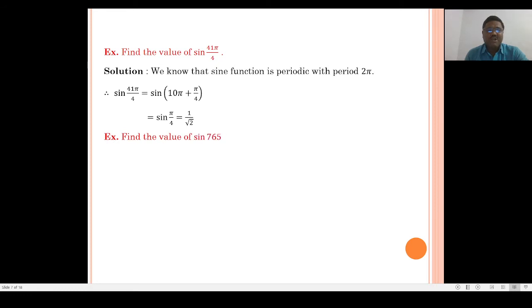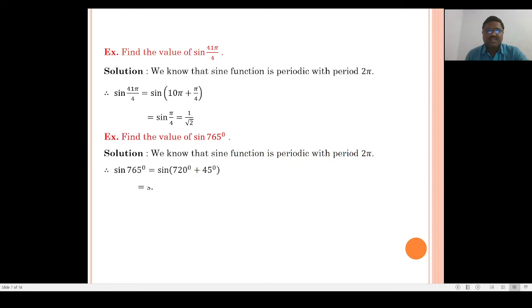And find the value of sine 765 degrees. Its solution is, since sine is a periodic function, we get the value 1 by root 2. These two are examples on the periodic function, but they are not included in this syllabus for this academic year 21-22.